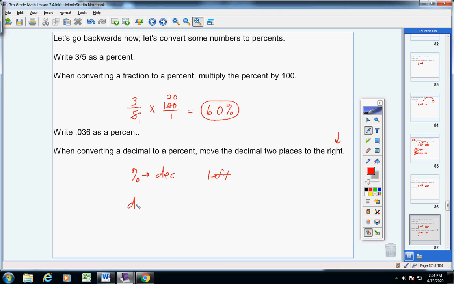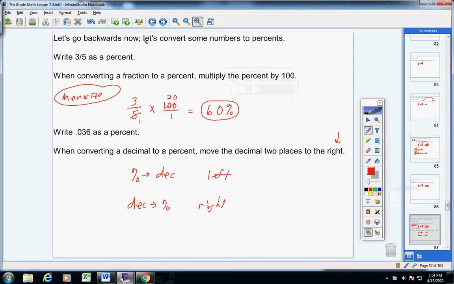When you're going from a decimal to a percent, you move it to the right. That's why I started this video off telling you there are some things that I want you to memorize today. And there's some of it right there, okay? So, we're going to convert a decimal to a percent, move the decimal 2 places to the right.